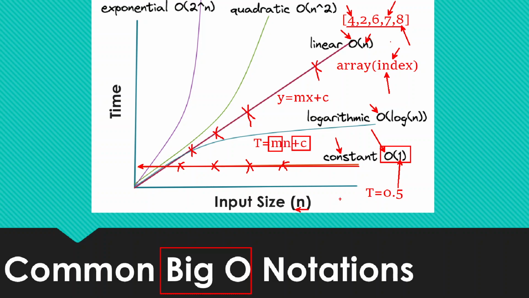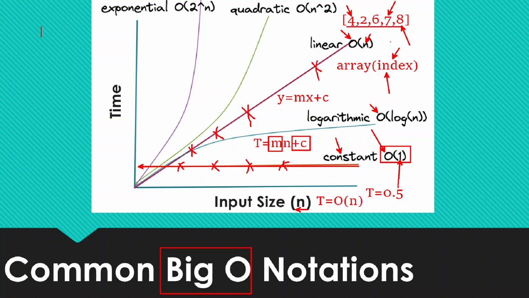Therefore our t, our time, is going to be big O of whatever is remaining, which is n. So that is how we get big O of n. All these other big O notations have a mathematical way of how they arrive from the equation to that.